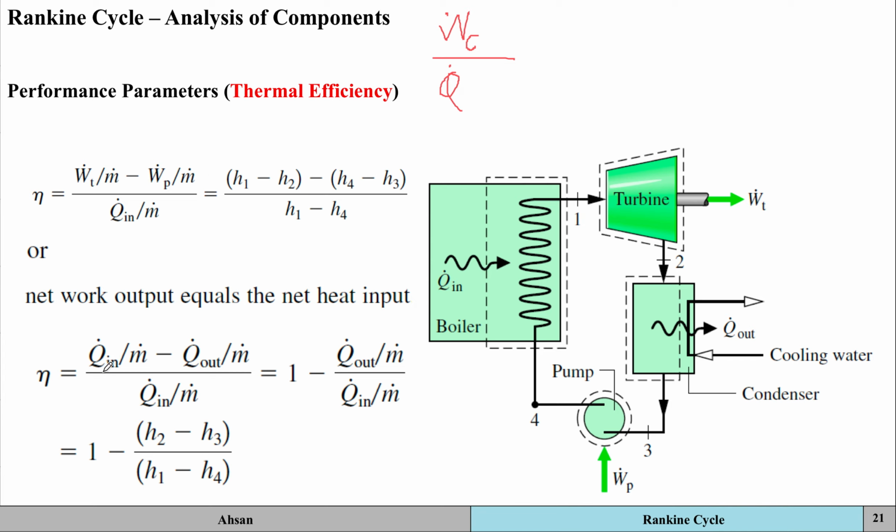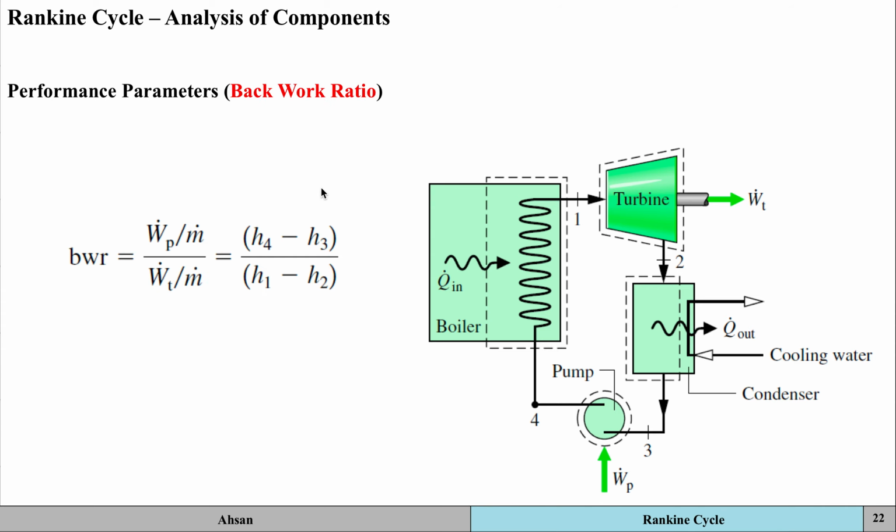You could do it that way, or if you were looking to do it in the form of heat contents, you could also do it that way as well. So that's how you can find out the efficiency of a Rankine cycle.